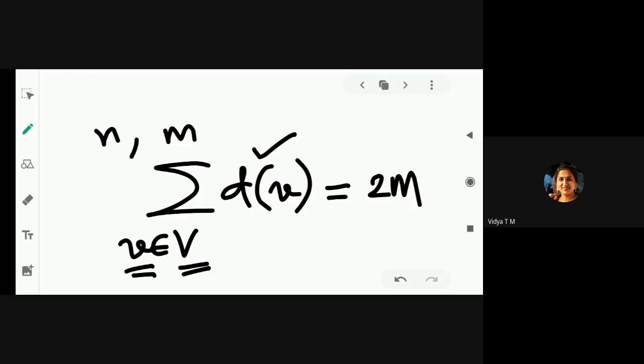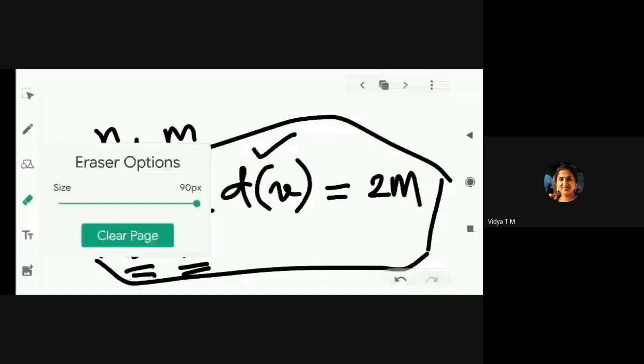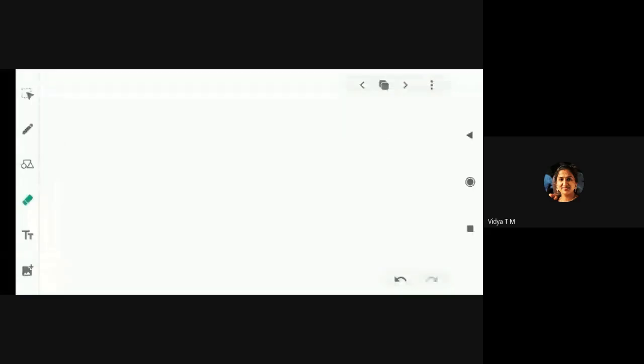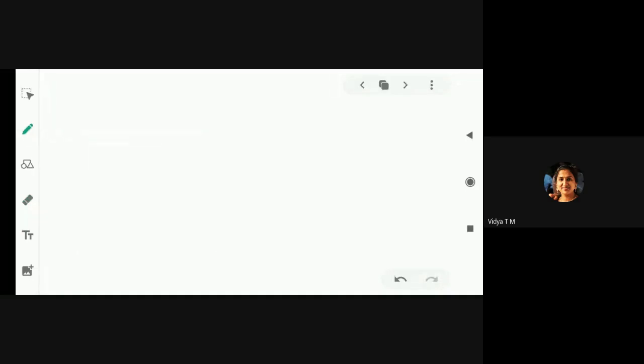This is a very beautiful theorem known as the first theorem of graph theory. And it has a very important corollary: in any graph, you should have an even number of odd vertices.